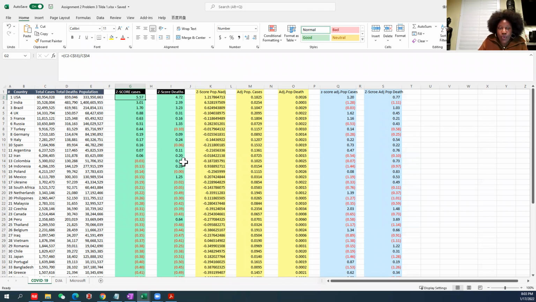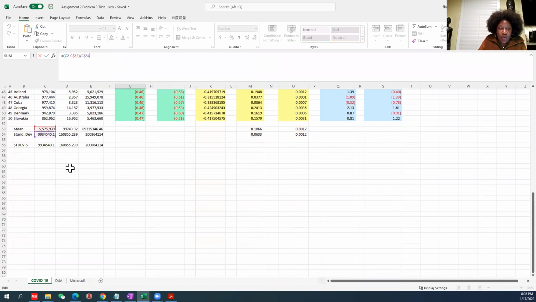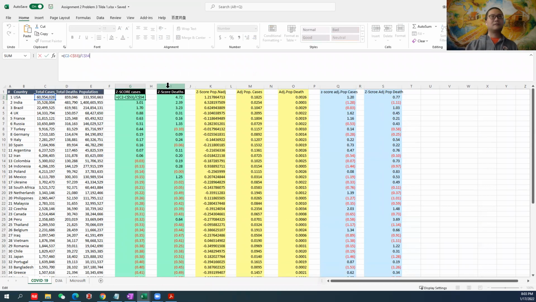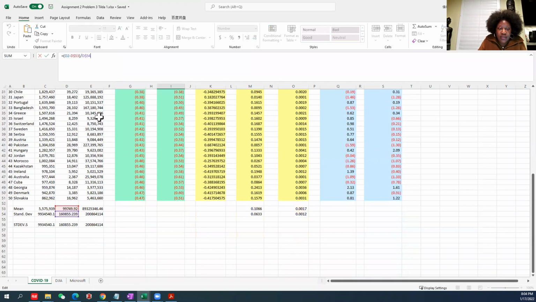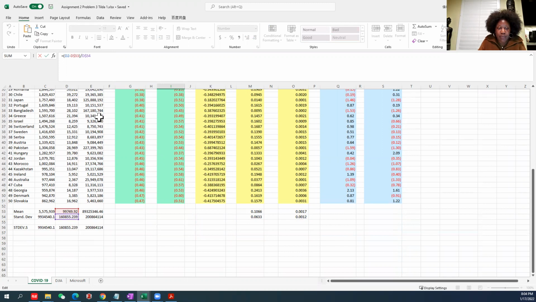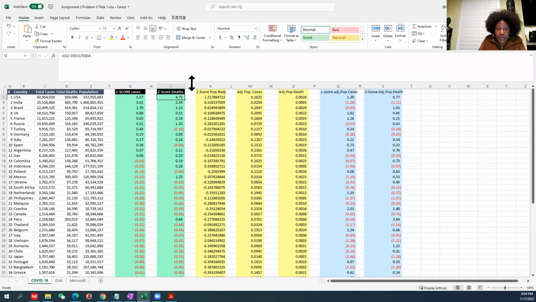So what I did was to calculate the z-score. I first of all calculated the mean of this column here. It looks correct. Then I calculated the mean and standard deviation of here, but I also calculated the mean and standard deviation of everything. So I've got the mean for each of those columns.